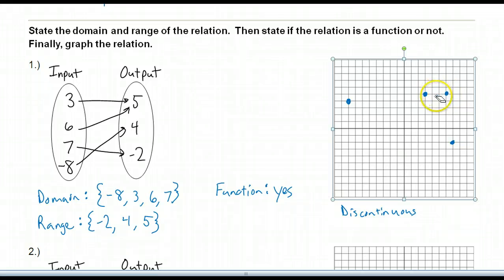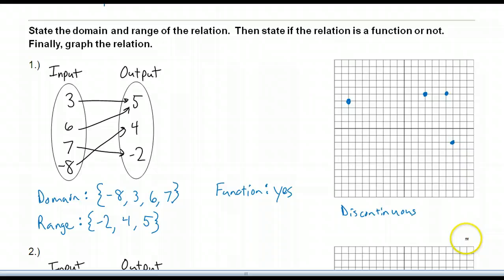Made a little mistake. So I don't know about any of these values between 3 and 6. I can't just assume that I can connect these dots, because that would imply that 4 would also map to 5, and 5 would map to 5. I don't know that, so I don't want to connect these dots. I want to keep this discontinuous.